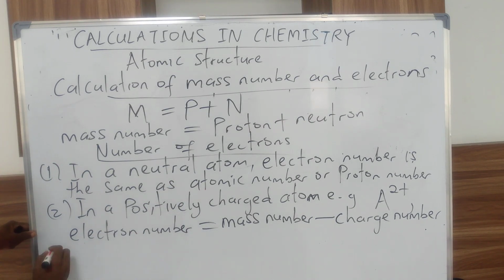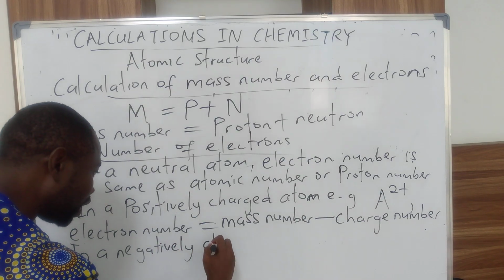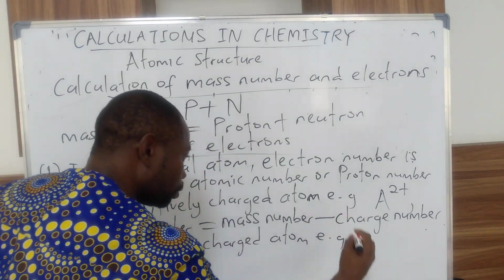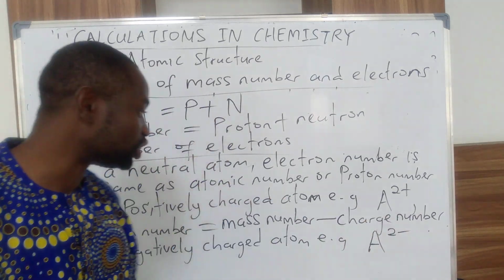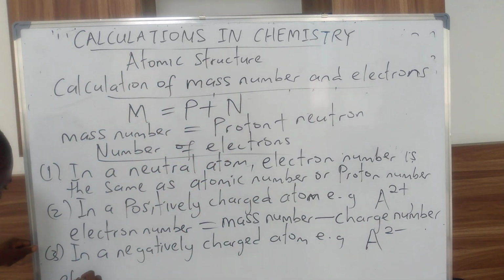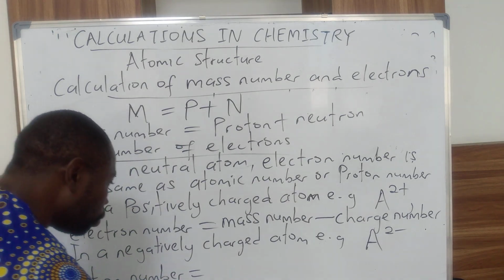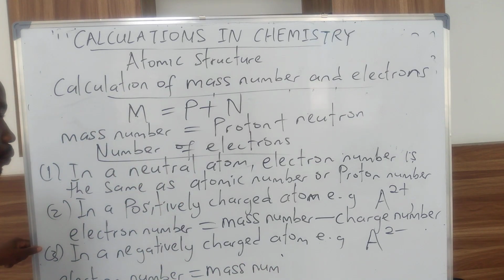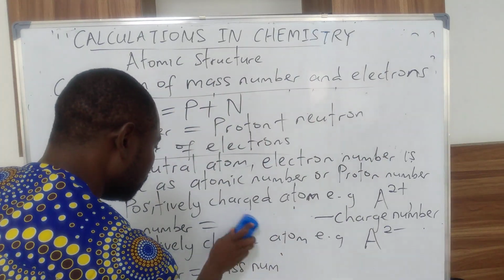Now, before we start the questions, the third one is a negatively charged atom. For example, you have A2 minus. You can see now it's negatively charged. Electron number is equal to, not mass, I made a mistake here.